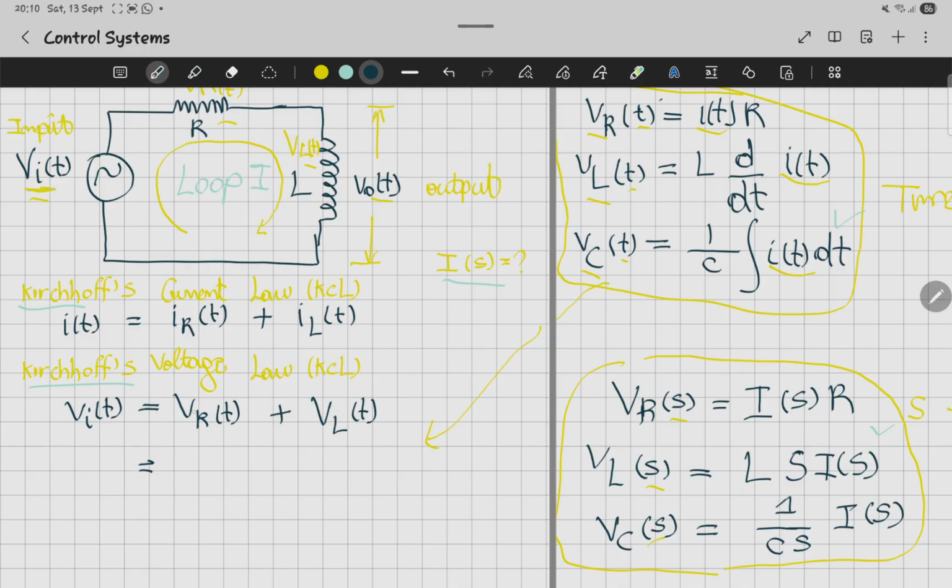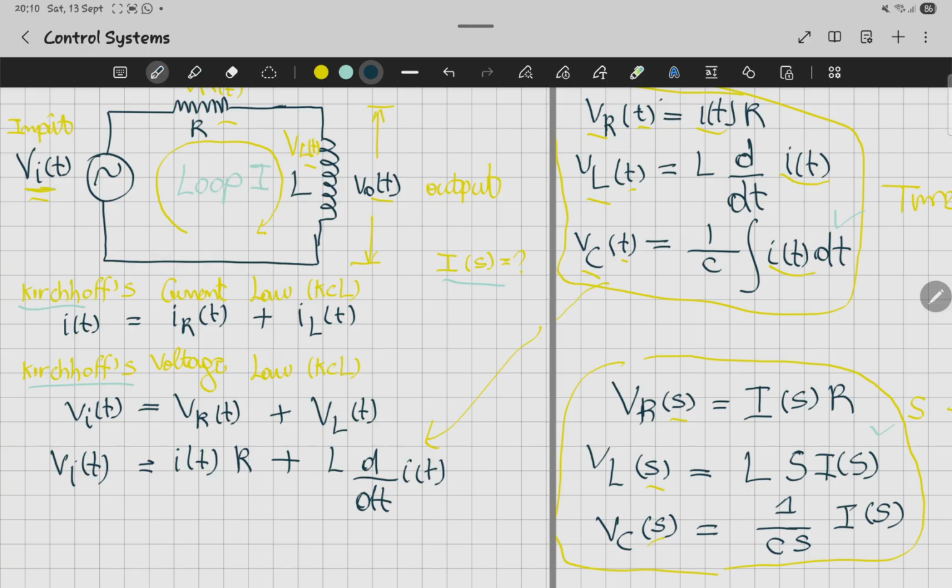So it's going to be the VR, something like this, R plus L d/dt of i. Okay, so this is what we get when we replace the value. This is what we get in the formula. So when we replace the formula of the current into that equation, this is what we get.